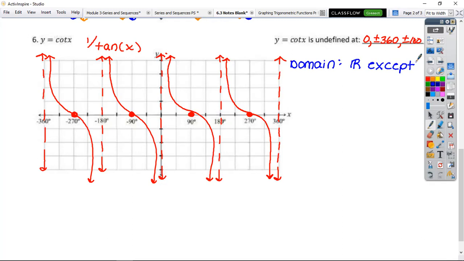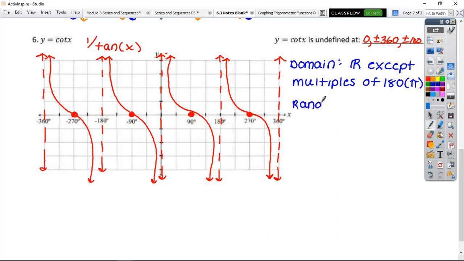Yes, you would. So I'm going to say except multiples of 180, which again is just pi. So it can't be 180, it can't be 360, it can't be negative 180, it can't be negative 360, and it extends forever.